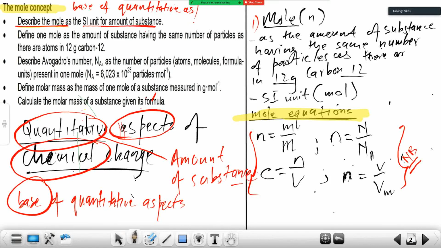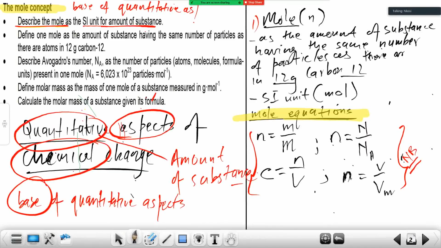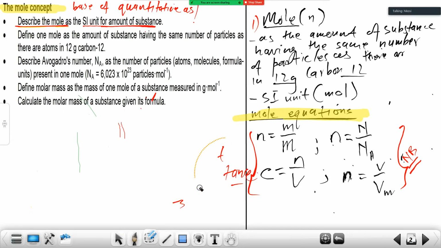Moving forward, before understanding the mole concept, if I am going to work with the mole, what is it that I exactly need?